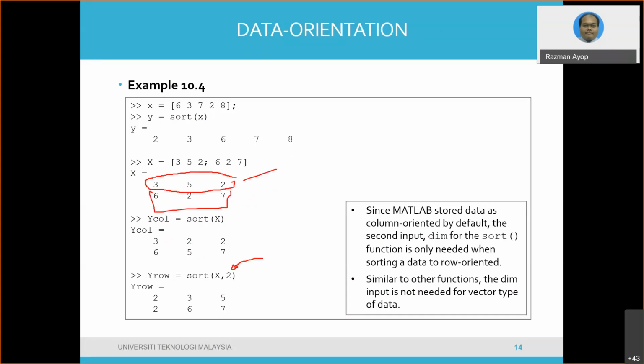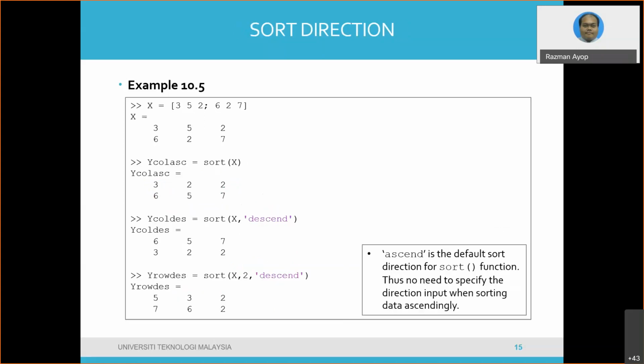The first row should be 2, 3, 5. And then the second row should be 2, 6, 7. So make sure you know how to manipulate the function sort. Don't forget to try it with your MATLAB.